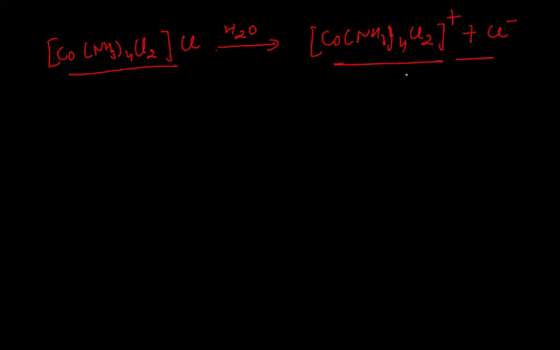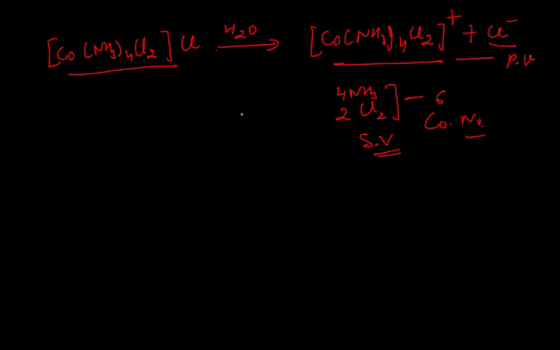And in this complex, this Cl is the ionizable part, which means it shows primary valency, and NH3, how many? 4 NH3 plus 2 Cl, so in total it makes 6. So 6 will be the secondary valency in this case, or we can say it has that coordination number, right?